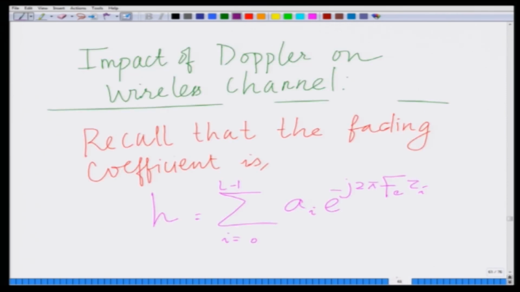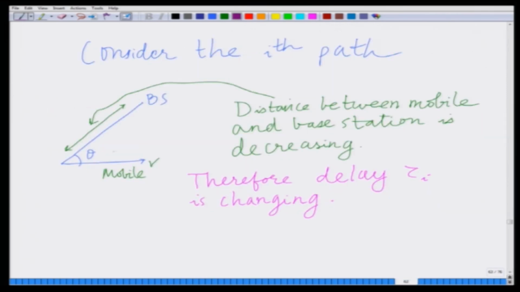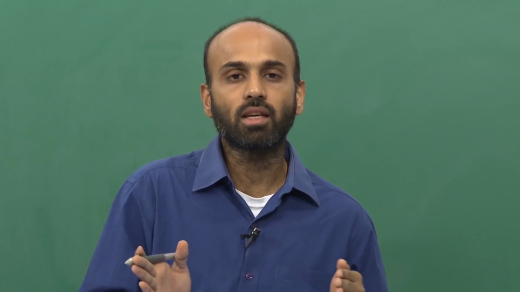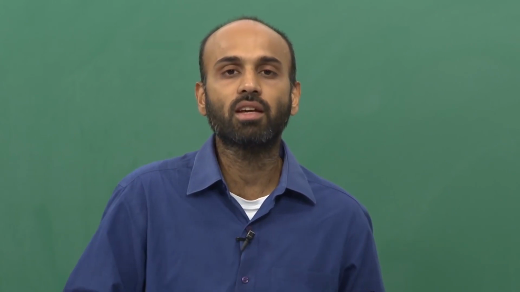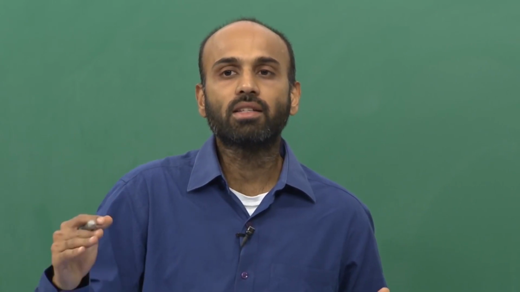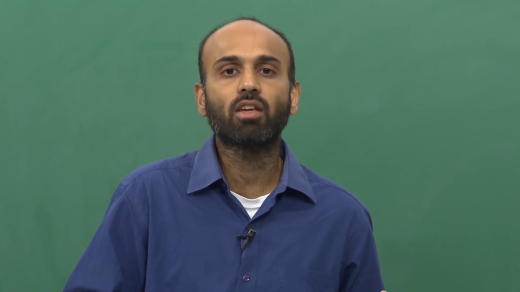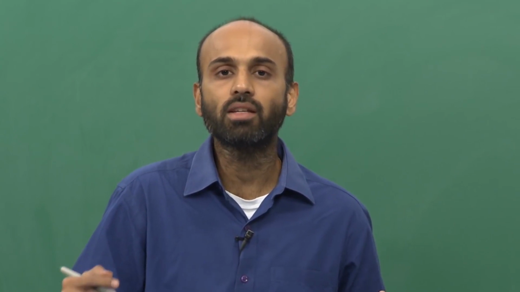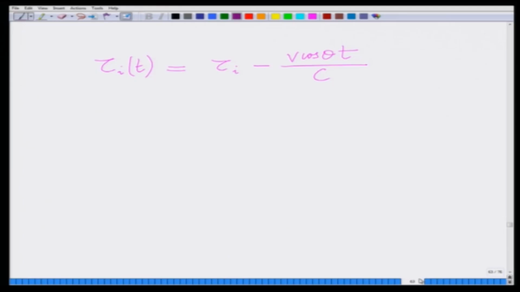If you look at this figure, you will realize that the component of velocity in the direction of the base station is v cosine theta. Therefore, as a result the net delay tau_i as a function of t is tau_i, the initial delay, minus v cosine theta t divided by c.